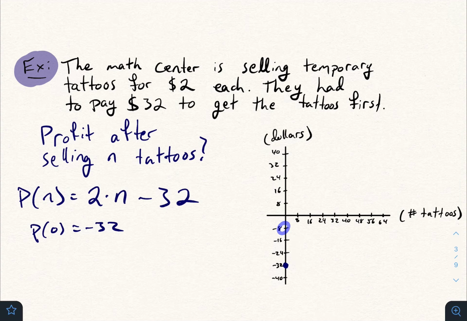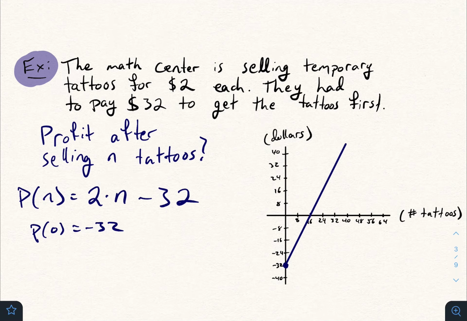Here my scale is going up by 8s. Because the slope is constant, if I go over by 8, I should go up by 2 times 8. The slope is 2, so 16 over 8 is equivalent. So I go over 8 and up 16, over 8, up 16, over 8, up 16. And you can see that this will be a good, accurate graph of our function.